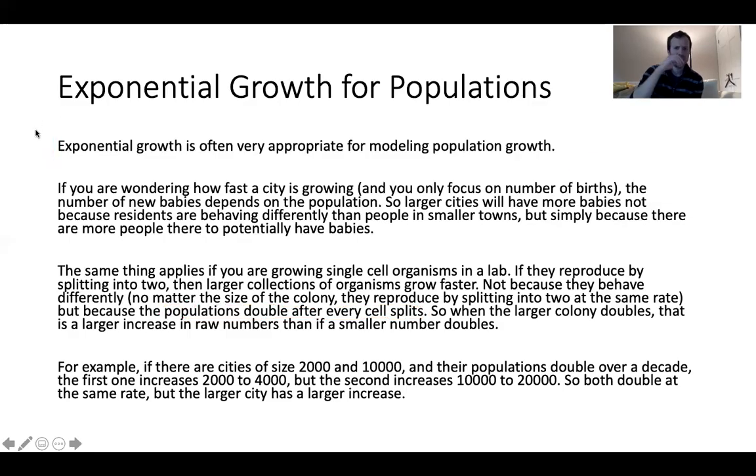So before we see some specific mathematics, do you guys have any thoughts or questions, or anything I can clarify on why, in exponential growth, the amount that you increase by depends on how much you have, and why that is a good assumption on growth for populations?